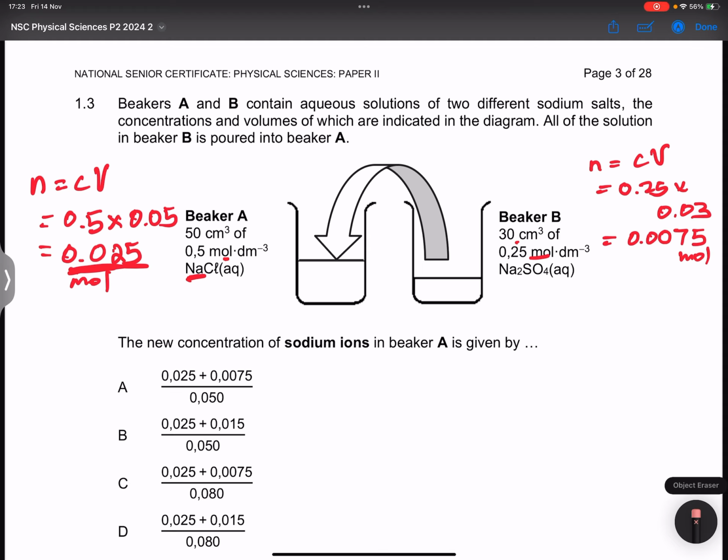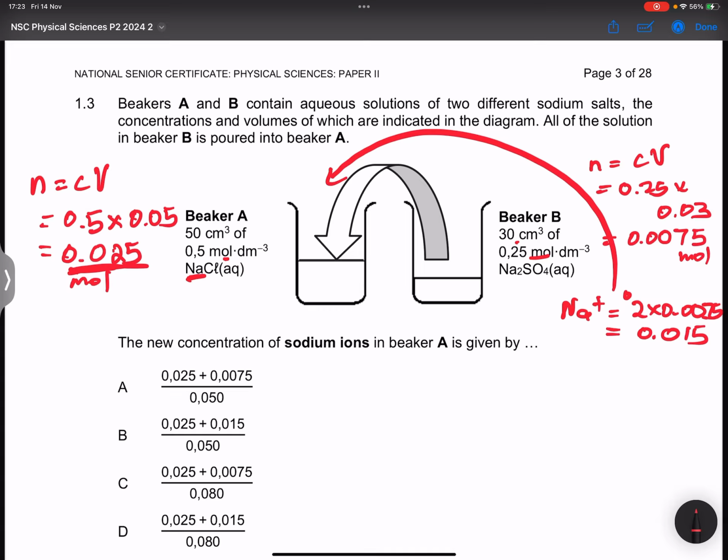So sodium ions will simply be 2 times 0.0075, and so that gives us 0.015. Okay, so what did we do? We took these, we poured them into beaker A.